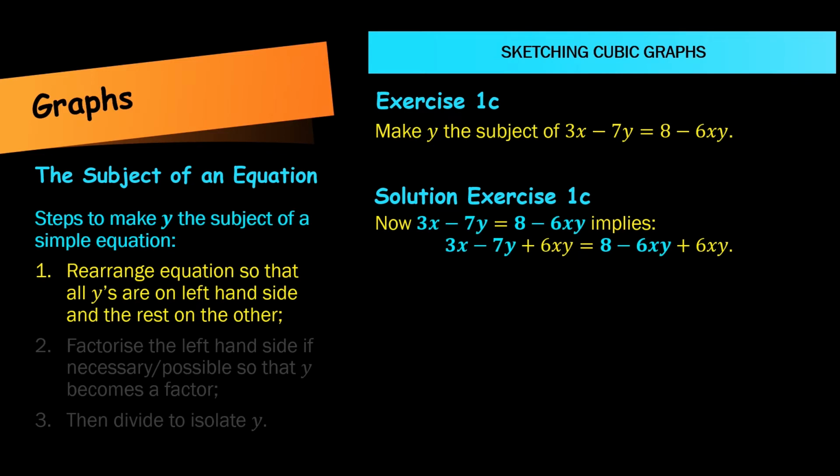So here's our original equation, and here's 6xy added on. And tidying up gives us 3x minus 7y plus 6xy equals 8.